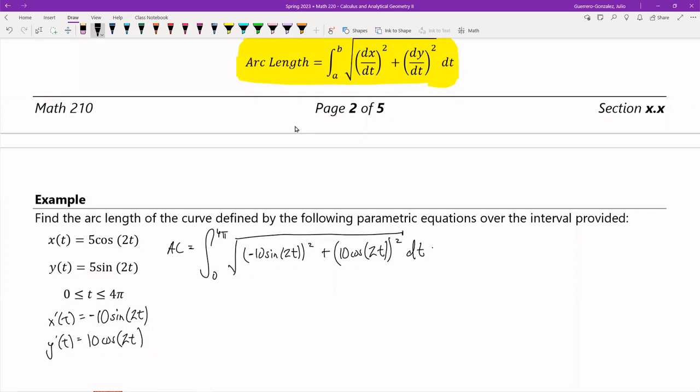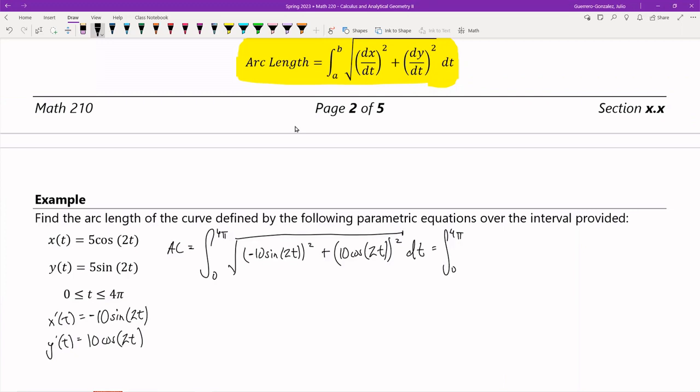Now, integral from 0 to 4 pi. Each one of these 10s is going to get squared. That produces 100. Both of the terms have 100 in them, so I can factor out 100 from the whole expression inside the square root.